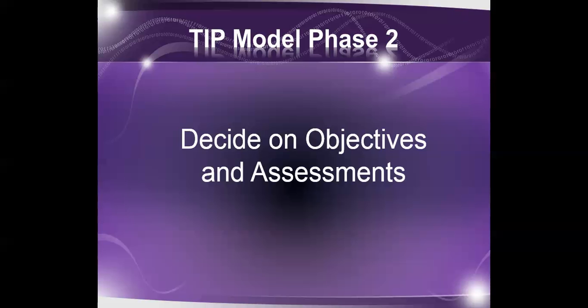Do you want to use a written test? Do you want to use a checklist, or maybe you would rather use a rubric to assess a complex task? Basically, you want to clarify what is expected and how to do this project or this lesson.